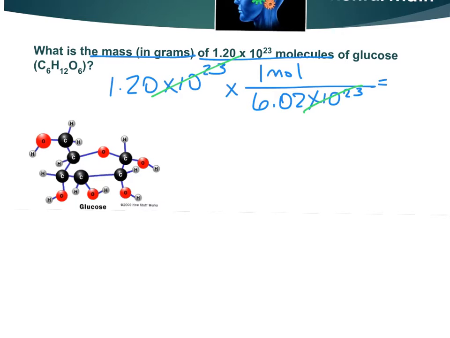And clean that up just real quick. Okay, and so the 10 to the 23rd is totally canceled. 1.2 divided by 6 is really like, if I move this over, we'd call it 12 divided by 6, and that would be 2. And then we'd have to take that 2 and move the decimal back over to account for that. And so your answer is 0.2 moles of glucose.